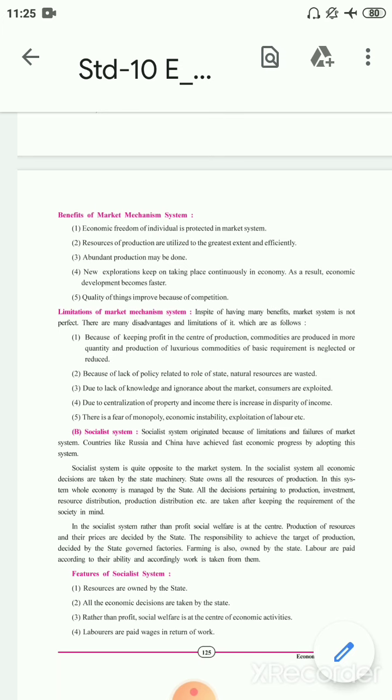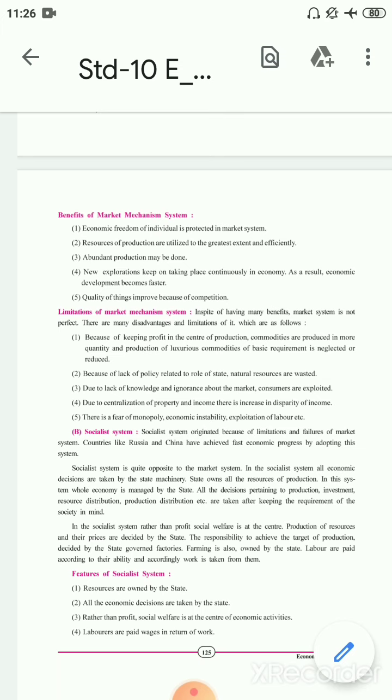In this system, whole economy is managed by the state. All the decisions pertaining to production, investment, resource distribution, production distribution, etc., are taken after keeping the requirement of the society in mind.